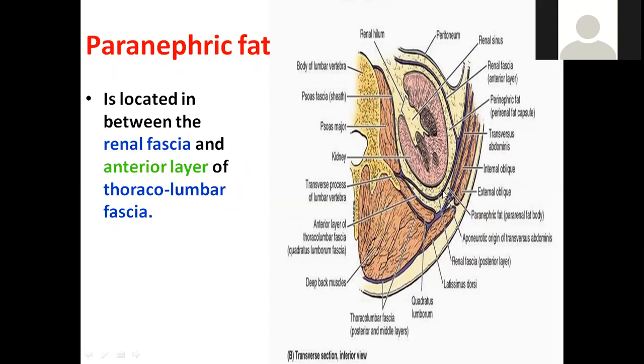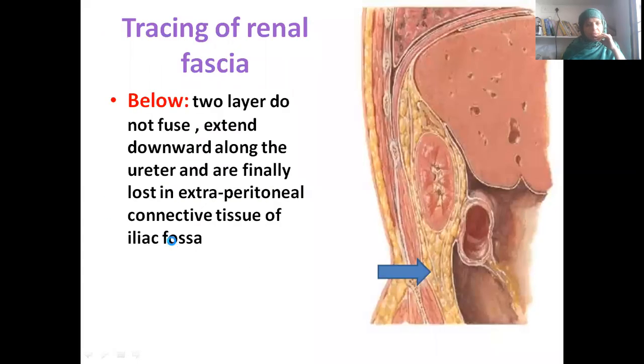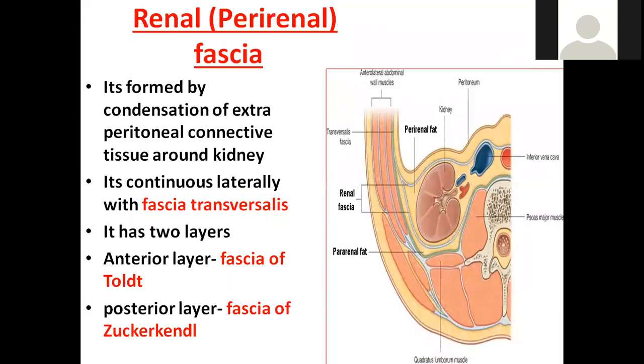See, this is our renal fascia. I am showing both now. Between the renal fascia and thoracolumbar fascia, whatever outside fat is there, that is paranephric fat.